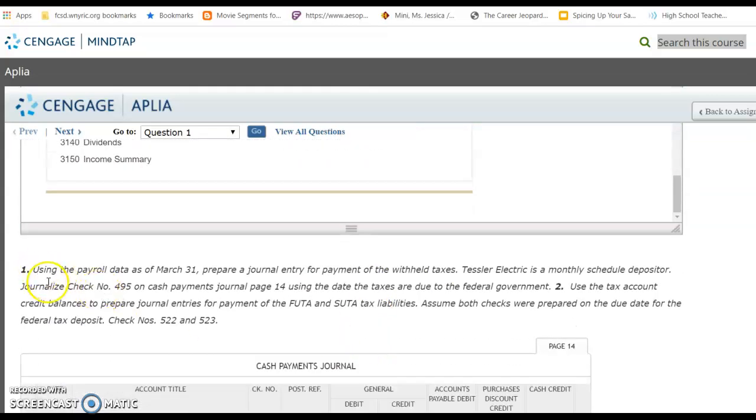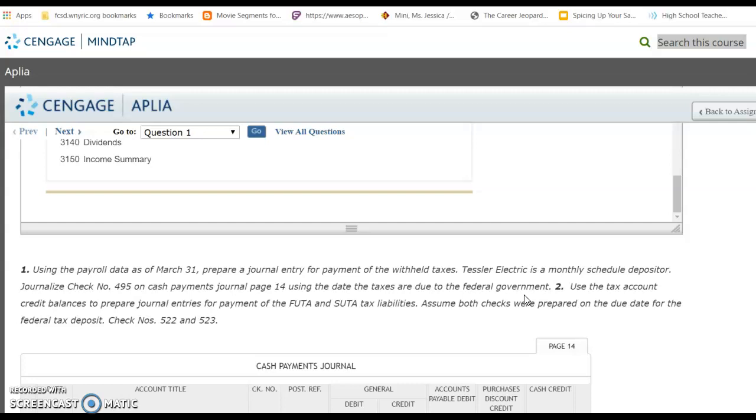So in our instructions, using the payroll data of March 31st, we're going to prepare a journal entry for payment of the withheld taxes. Tesla Electric is a monthly scheduled depositor. So we're going to journalize check 495 on the cash payments journal, page 14, using the date that the taxes are due to the federal government.